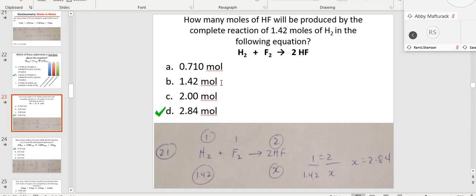What am I asking for? Moles. What did I give you? Moles. This means 1 box. This is the easiest of the stoichiometry. Okay? So there's my formula. Molar ratio. Asking for moles. I give you moles. 1 box. Next question. Okay?